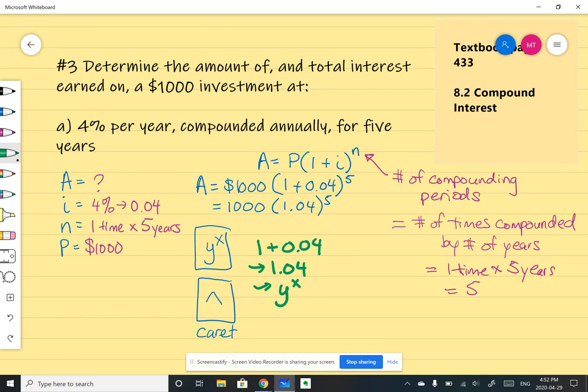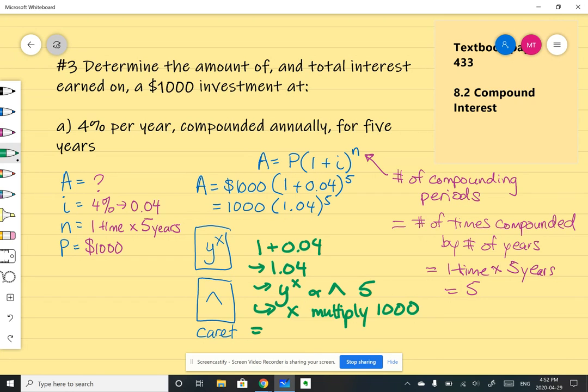You would press that, and then press the number 5. The last step, you would multiply by the principal. So you'd hit multiply, and your number 1000.